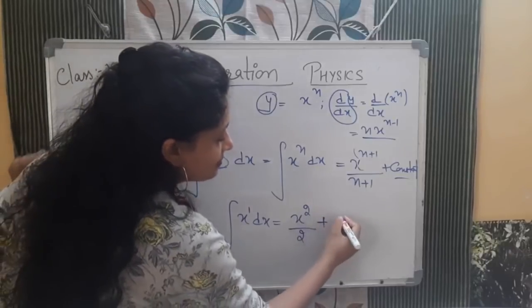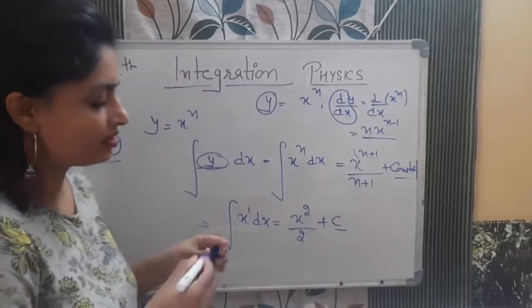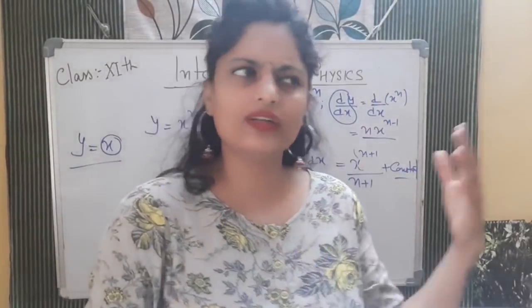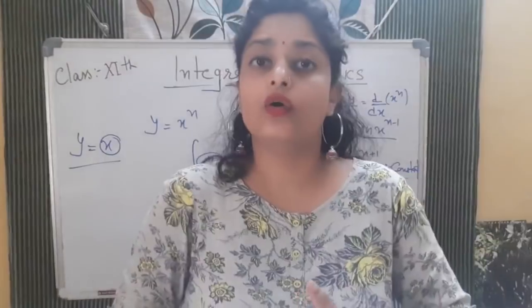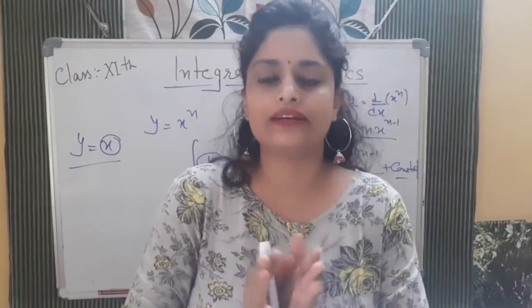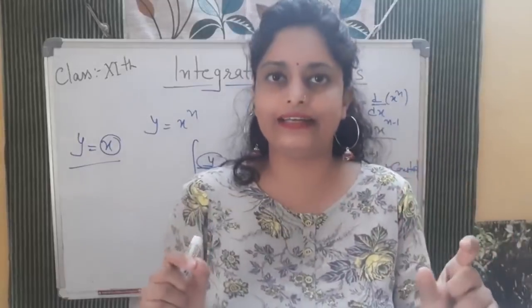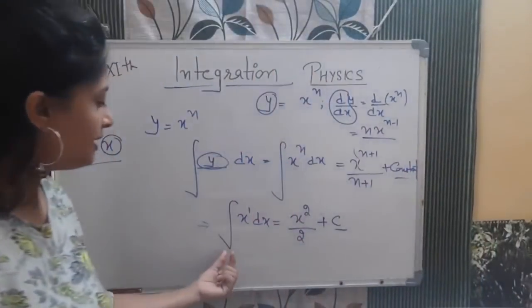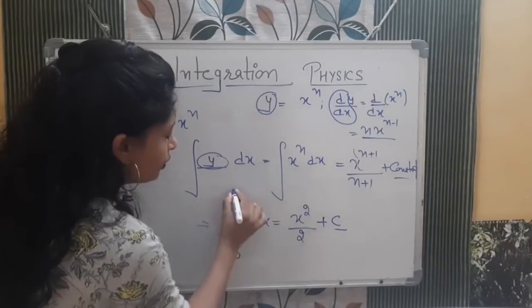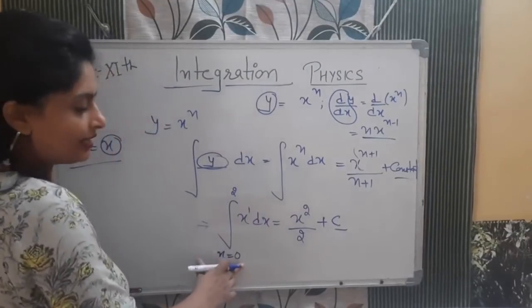Now plus c, but c is a constant here, and there are two kinds of integral, definite and indefinite integral. You will study in detail in the 12th standard what is definite and indefinite integral. In definite, you know the limits, that is, from where to where you are integrating. For example, if I put a limit here that x is equal to 0 to 2, so x changes from where to where? 0 to 2.